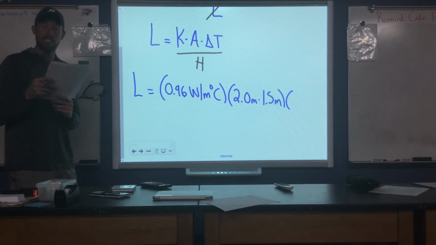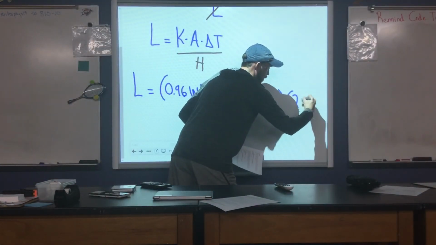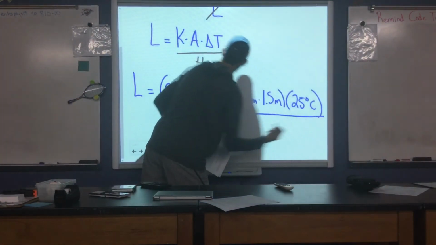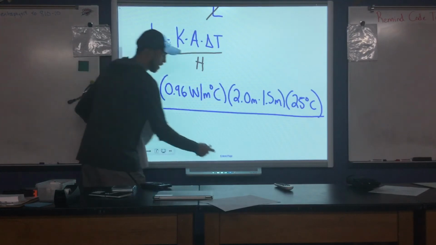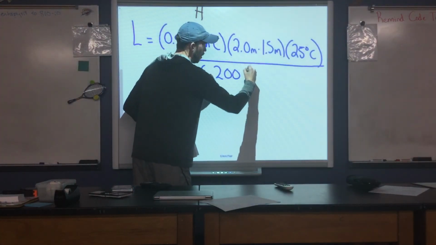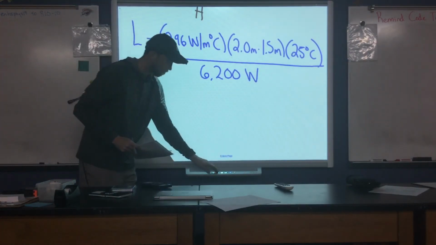We have an outside temperature of 5 degrees Celsius, an inside temperature of 30. Difference there would be 25. Divided by our heat transfer rate, which is 6,200 joules per second. I'm going to write that as watts, just so I can show that those units will cancel out.